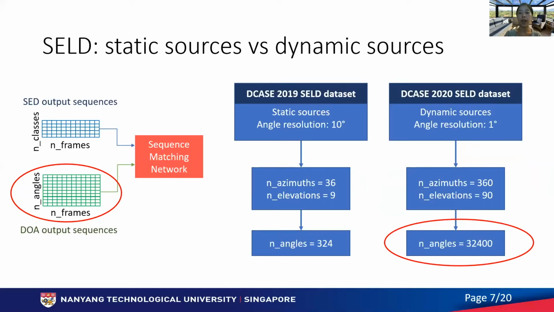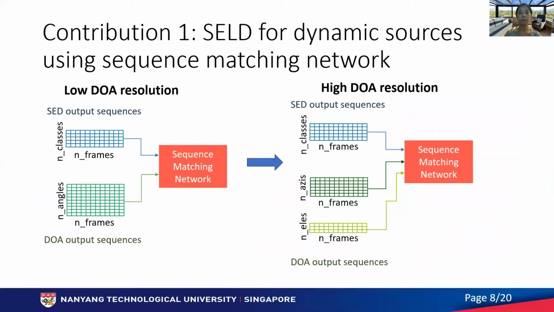Even if we use an angle resolution of 5 degrees, the angular dimension is 1296, which is quite large to train the model effectively. Therefore, we propose to use 1D histograms for azimuth and elevation separately as input features to the sequence matching network instead of the joint 2D histogram.